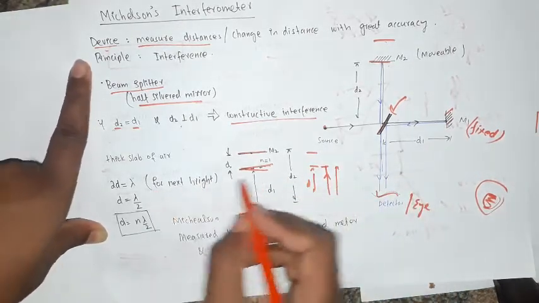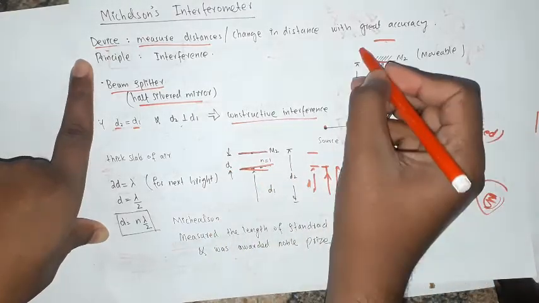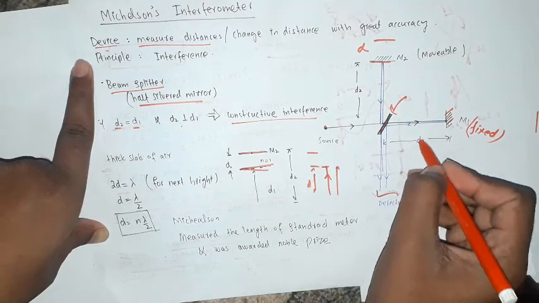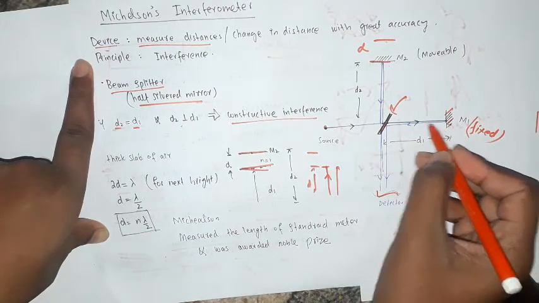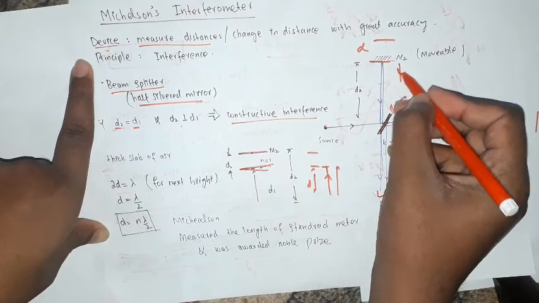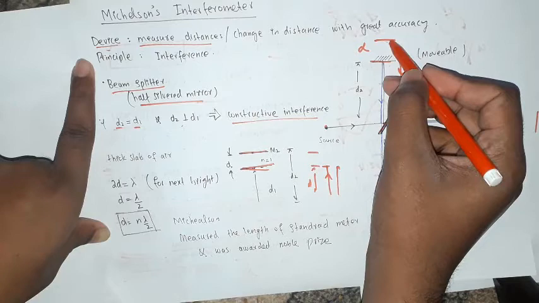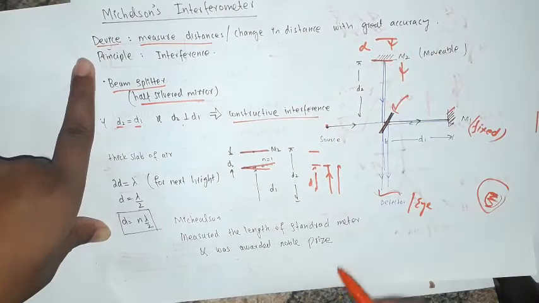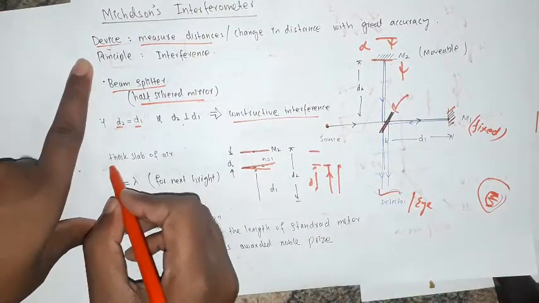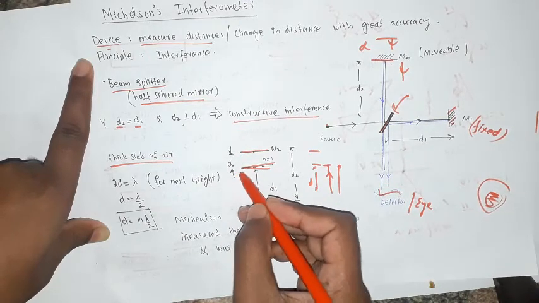So we can say that if this mirror M2 is moved by a distance d, the light from M1 can be assumed to reflect from here, while the light from M2 can be assumed to reflect from here. So now there is a thick slab of air between them whose thickness is d.